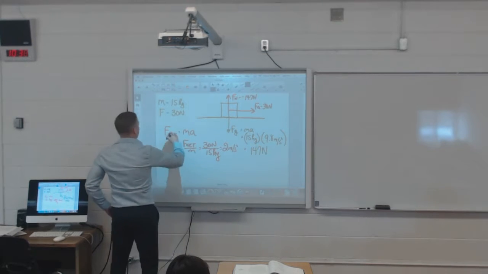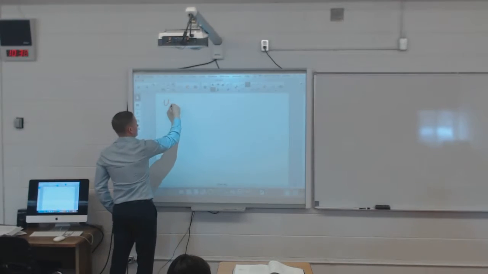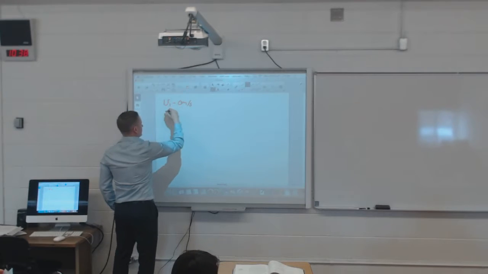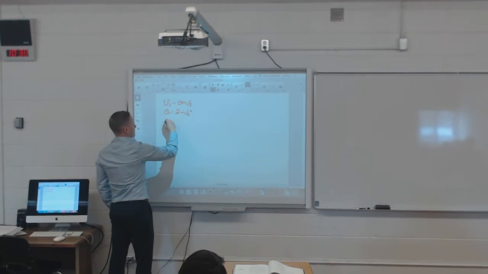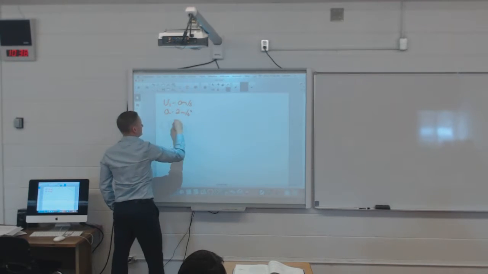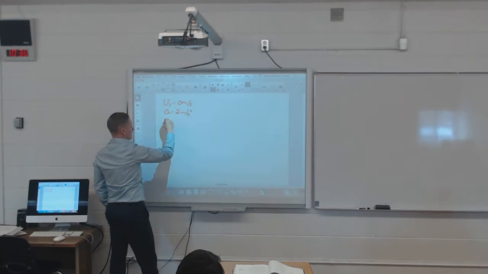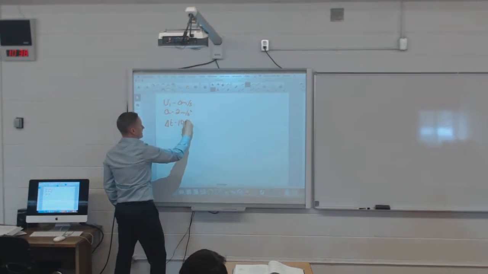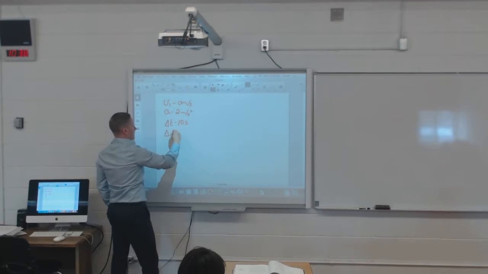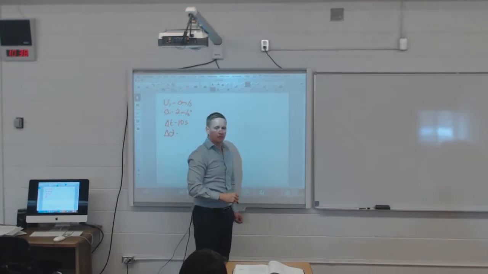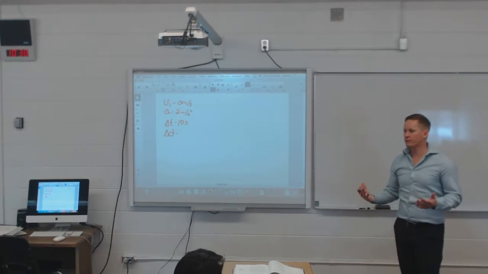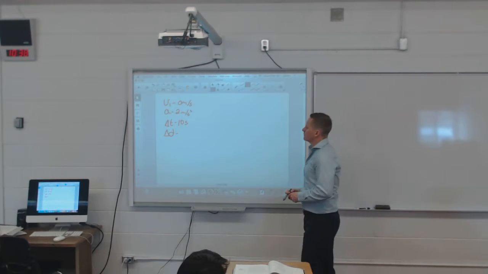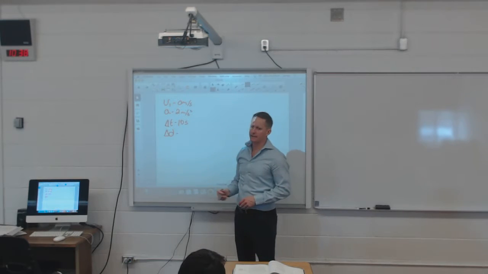Well, we have to write out V1, 0 meters per second. A, 2 meters per second squared. What else do I know? Time, yes, 10 seconds. And I want the distance it goes. Again, you're going to need to get out those 5 equations. Which one am I going to use that deals with V1, A, and T?